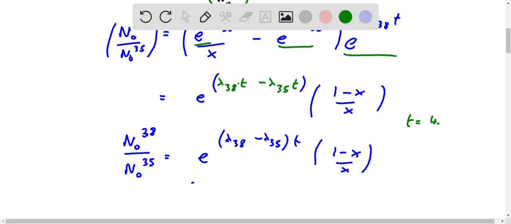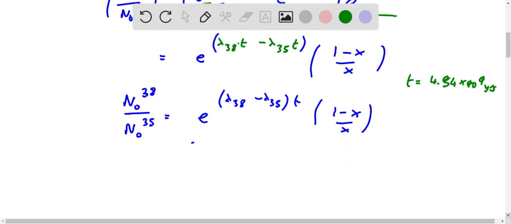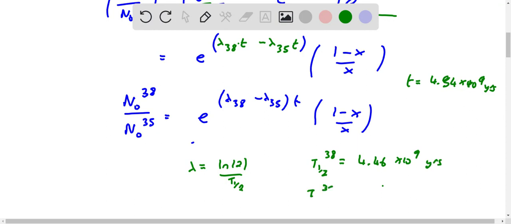Well, t, as told in the question, is 4.5 times 10 to the power of 9 years. We're told that we're going to use table 38.1 to get lambda 238 and lambda 235. So lambda is equal to the natural logarithm of 2 divided by the half-life. The half-life of uranium-238 is equal to 4.46 times 10 to the power of 9 years, and the half-life of uranium-235 is equal to 7.04 times 10 to the power of 8 years.